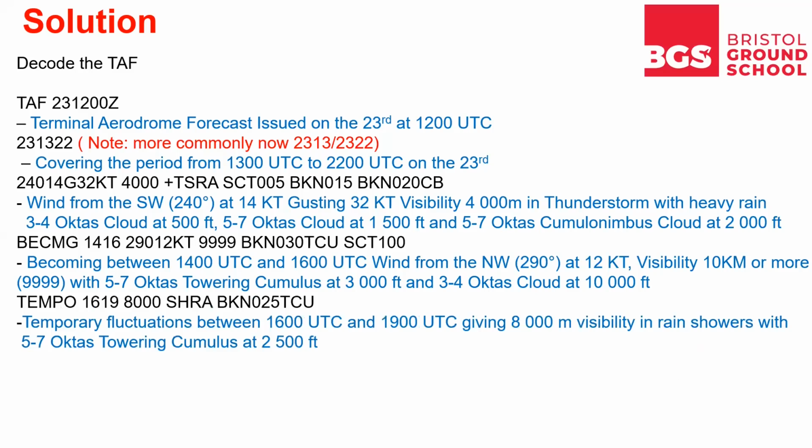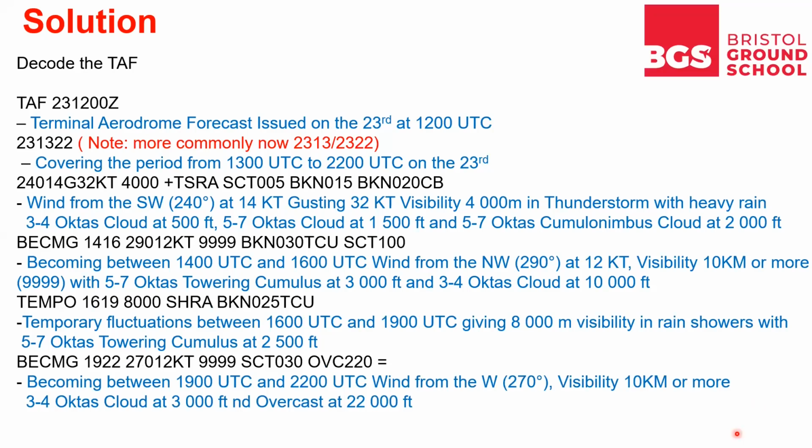The next line is TEMPO, 1600 UTC to 1900 UTC. So these are temporary fluctuations between 1600 and 1900. That temporary fluctuation will give 8,000 meters visibility in rain showers with 5 to 7 oktas of towering cumulus at 2,500 feet.